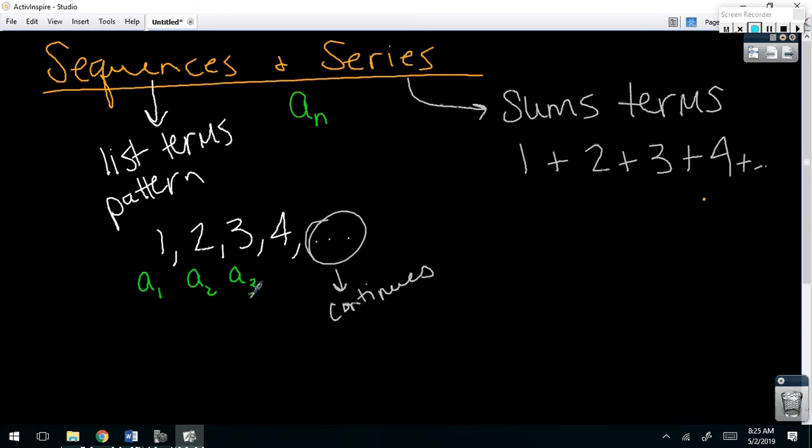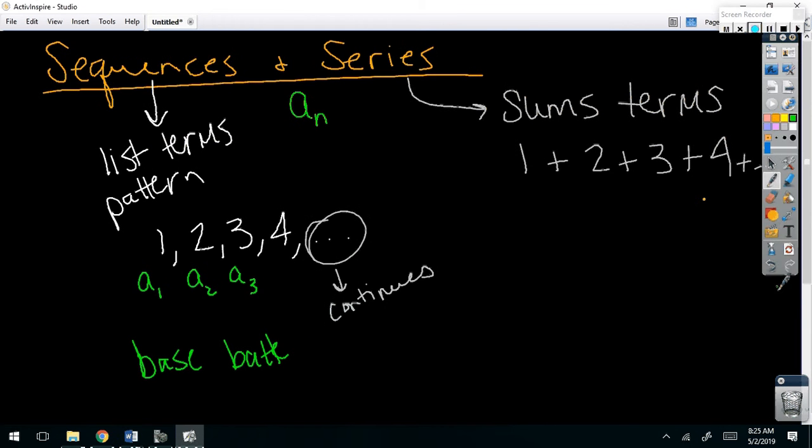So rather than classify them by the previous term, we're going to base the pattern on the placement in the sequence.